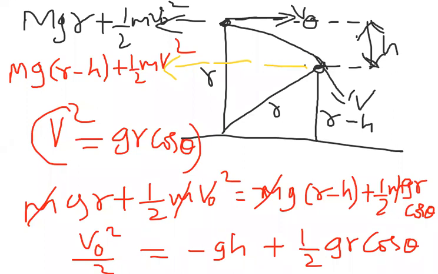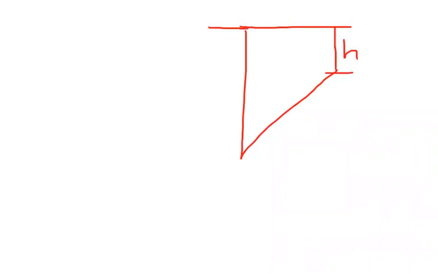So what is v naught square? This is the expression. And what about the h value? How to write the h value from that expression? Here clearly observe, this is h we told, from here to here this is the height. This is also h, this is also h, and this total radius is r.